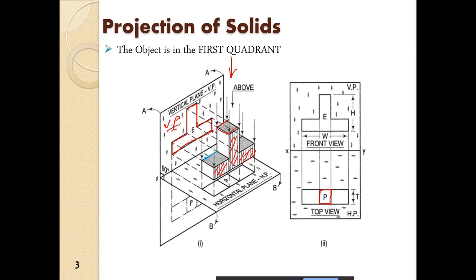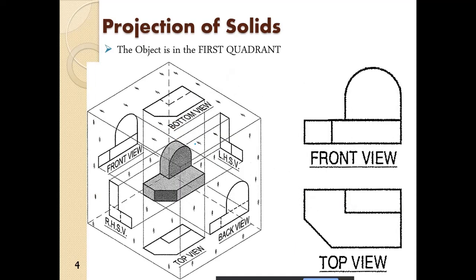Then we will see this surface over here, and then we will see the other part of the surface. So that is the top view. And we have obviously seen what the front view will look like.